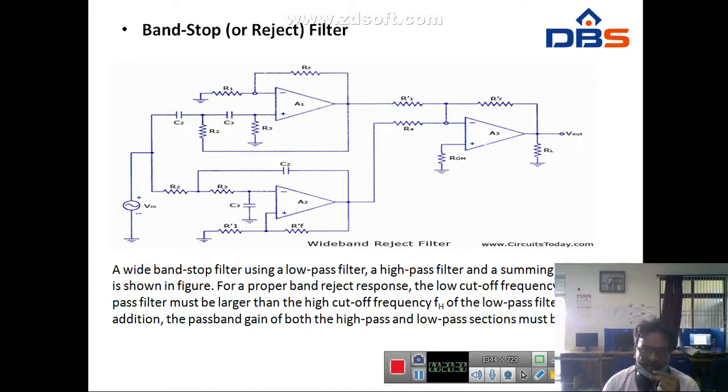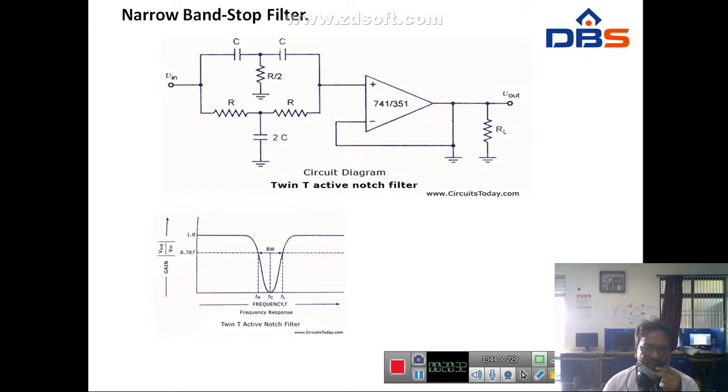The wide band reject filter uses a low pass filter, a high pass filter and an amplifier. To realize a band reject response, the low cutoff frequency FL of the high pass filter must be larger than the high cutoff frequency FH of the low pass filter.